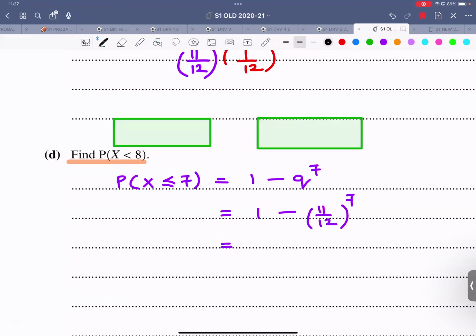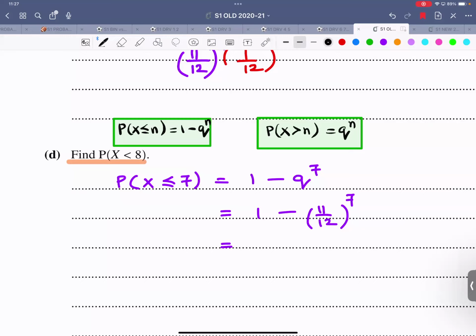Probability x is less than or equal to n is 1 minus the probability of failure raised to the power of n. And the other formula is probability x is greater than n. That is q raised to the power of n. So you just have to use this formula.